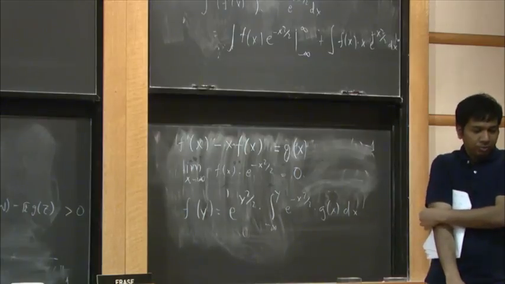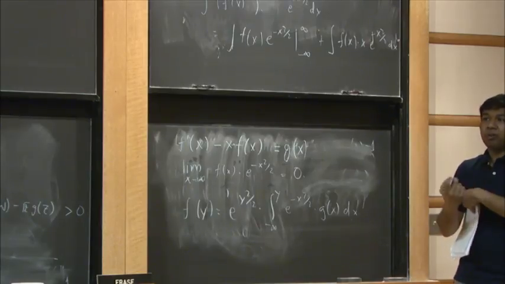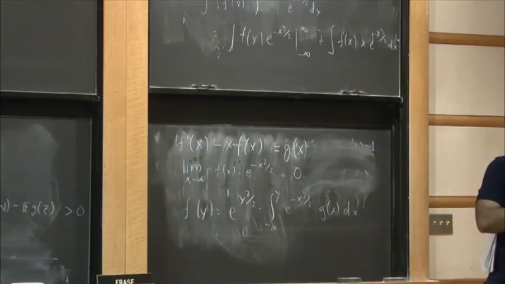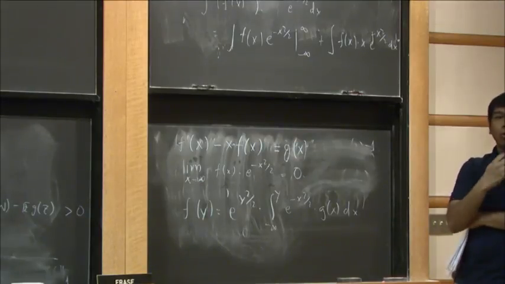Suppose you are summing up Bernoulli random variables, and they are not independent, they are dependent. But how are they dependent?